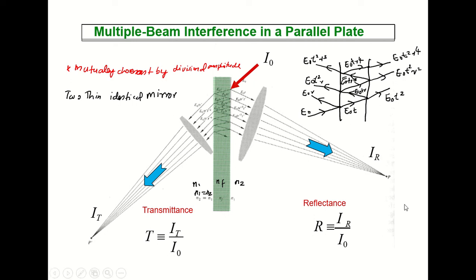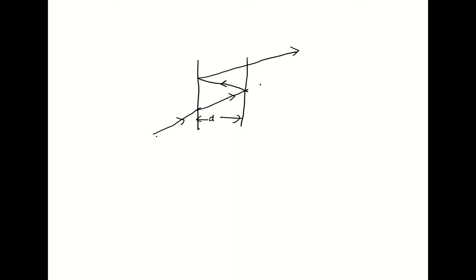Now geometrically, if I represent it like this, this distance we call d, and a ray is incident on this one, which gets transmitted and reflected, and again gets transmitted.